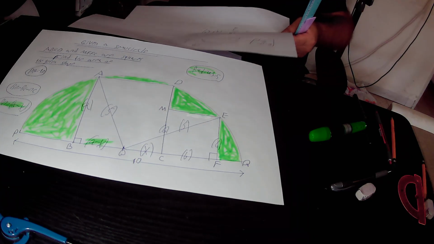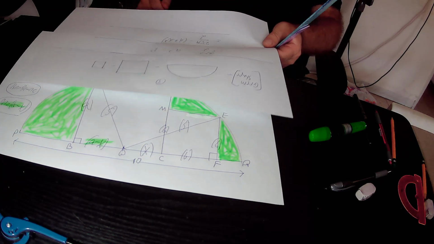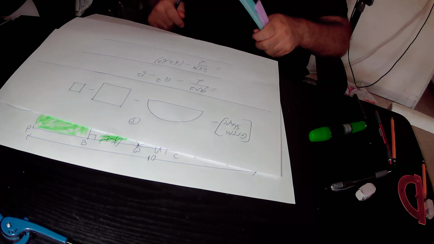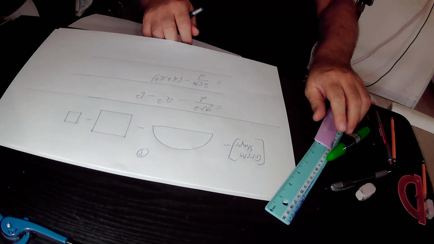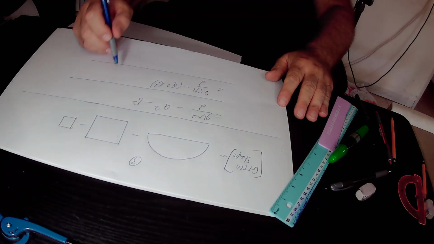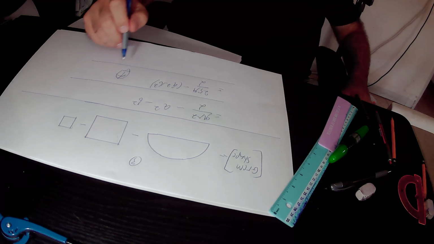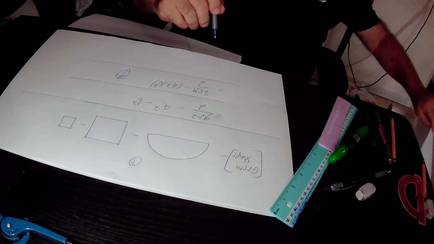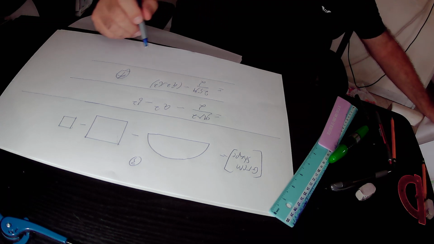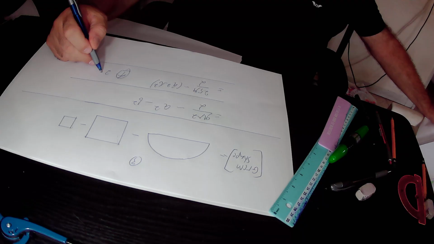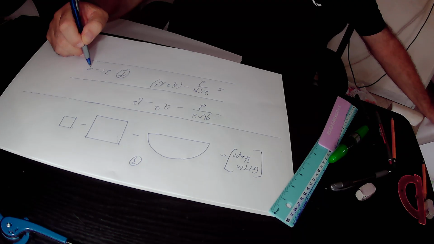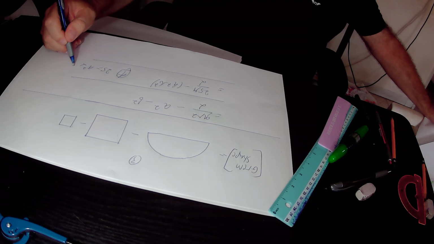We have already found out that according to equation 1, 25 equals A squared plus (A minus X) squared.